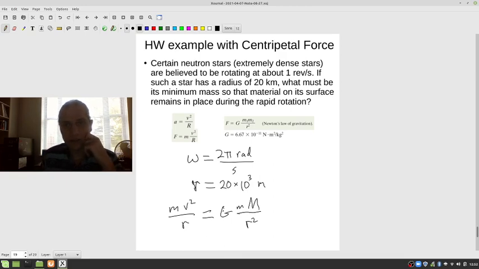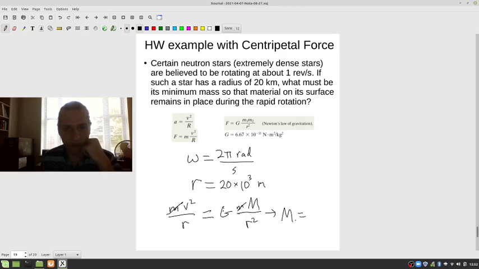Okay, and it asks what must be the minimum mass. Sorry, this looks like a v now, this is an r. Well, okay, so let's solve for the mass.